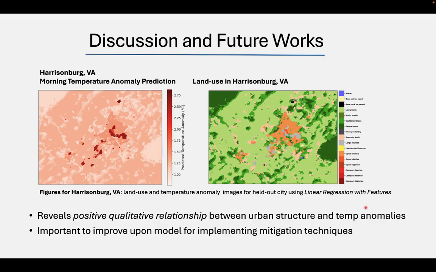This demonstrates that our model successfully learned the underlying connection between urban structure and temperature. This is critically important for future work because it means we can now use this model to test mitigation strategies. By modifying the land use inputs, we can simulate how interventions like adding parks or changing building density could effectively reduce these urban hotspots and create cooler cities.